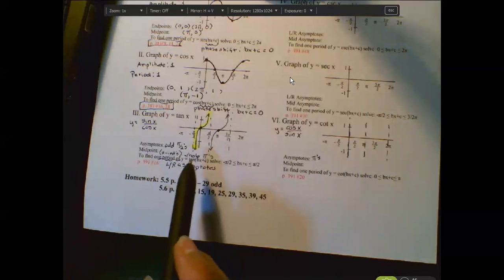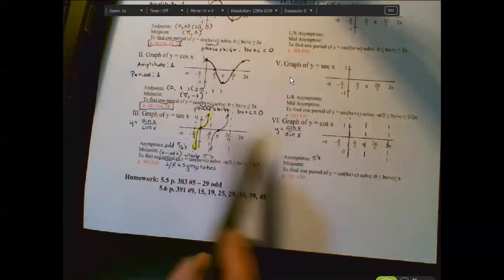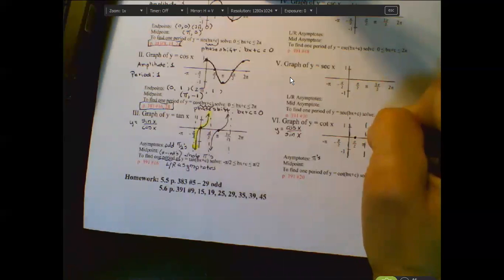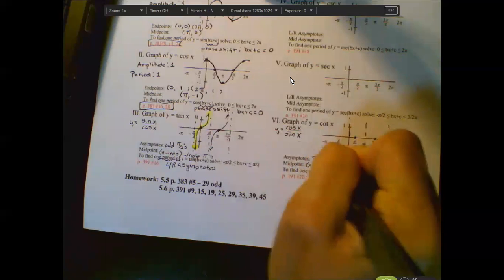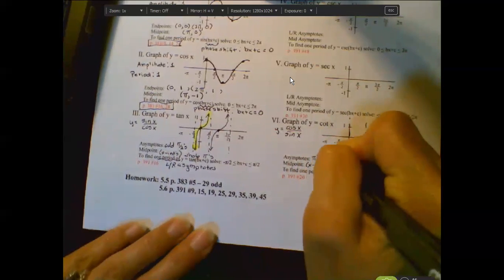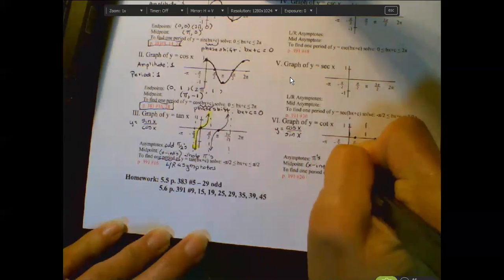And between its asymptotes, cotangent kind of looks like negative x cubed. It goes downhill from left to right with the midpoint or the x-intercepts at the half pies.